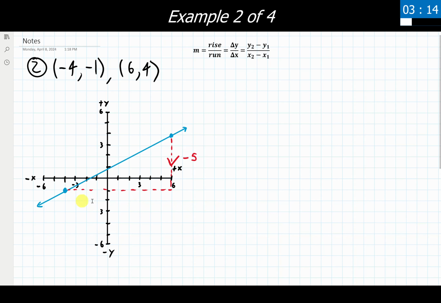Okay, we have our little triangle that's formed here now, and I'm moving over, let's see, 1, 2, 3, 4, 5, 6, 7, 8, 9, 10. Okay, so I moved 5 in the negative direction vertically. How about horizontally? Well, I'm moving 10 in which direction? The positive direction or the negative direction? I'm moving in the negative direction, so this is going to have negative 10 down here.